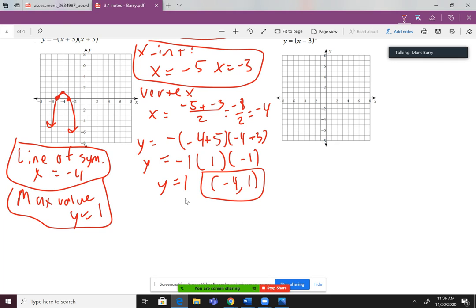And then lastly, my y-intercept. I have to plug in a 0 for x, for all the x's. But once again, I'm going to include that -1 out front.